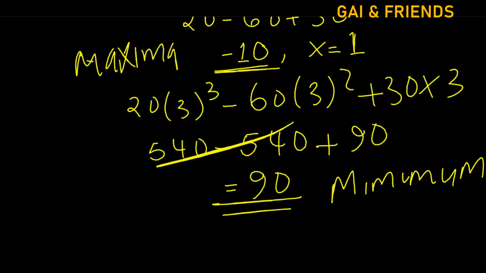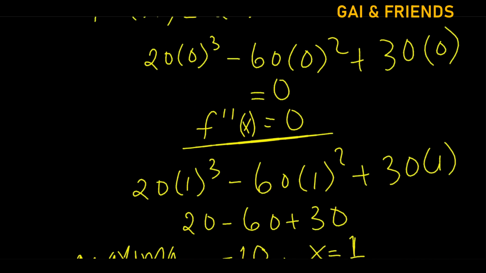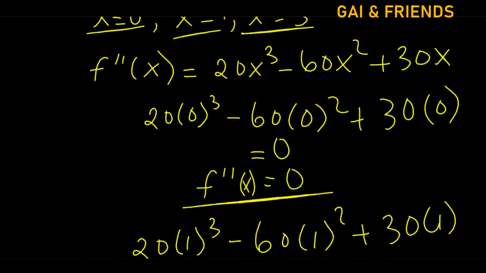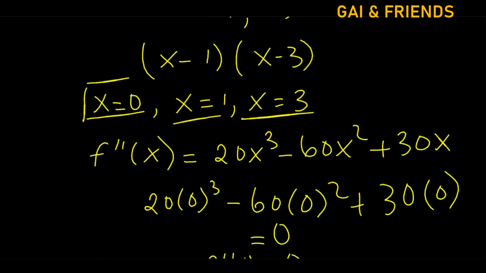And you can pretty much stop here, but you need to recognize that at point 0 our function is stationary. It's neither minimum nor maximum. It's just stationary. And because we also have other critical points, we did not have to find the third derivative.